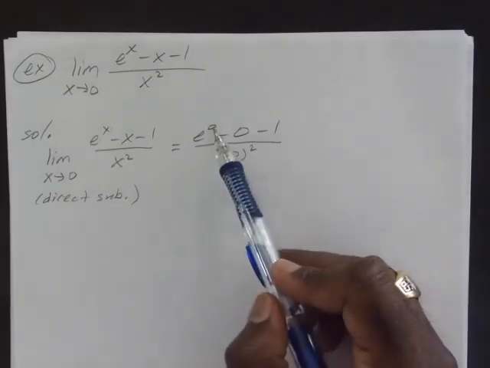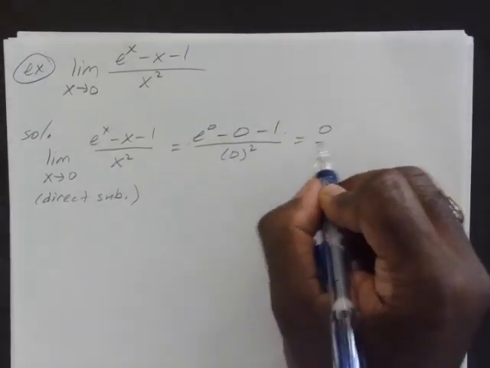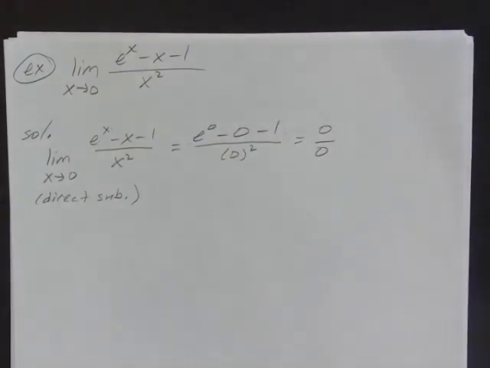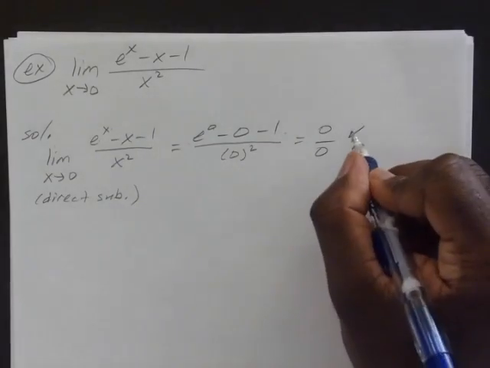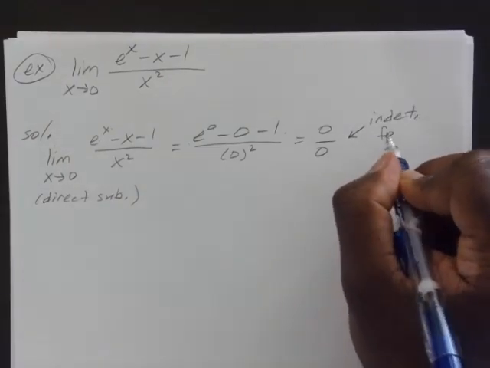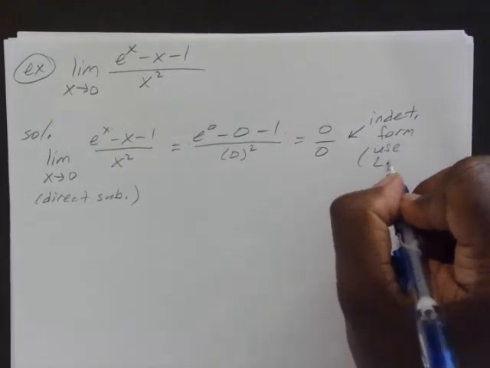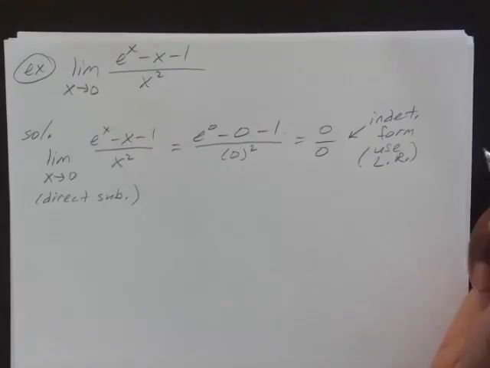Well, e to the power of 0 is 1, so 1 minus 1 is 0 over 0. So again, we have our indeterminate form, which means we can use L'Hopital's rule.